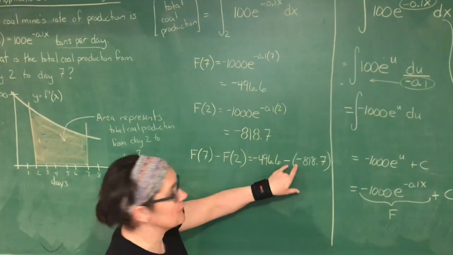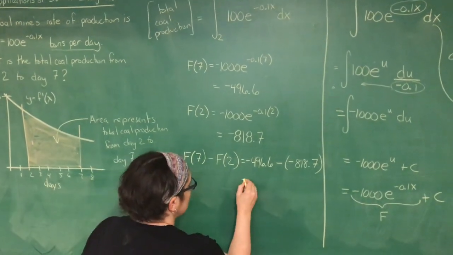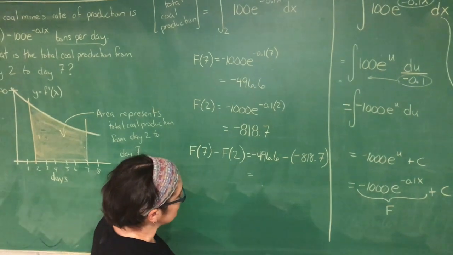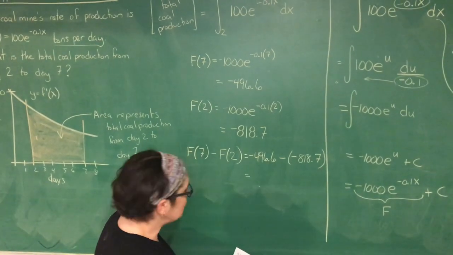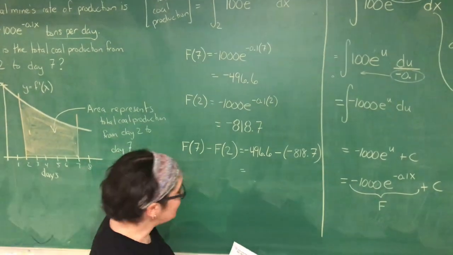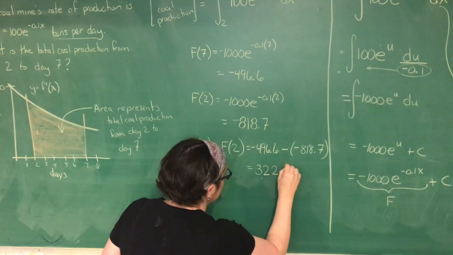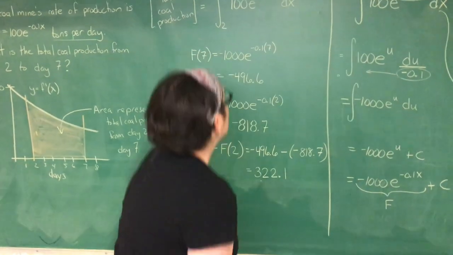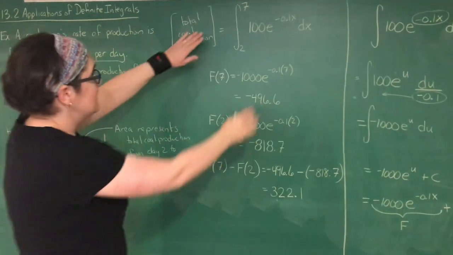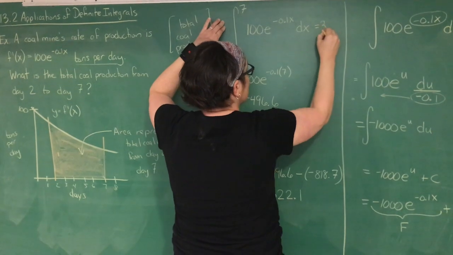You want to be careful here because we have a double negative, so this really becomes a plus sign. So now we have negative 496.6 minus a negative 818.7, and when I crunched that on my calculator ahead of time, I came up with 322.1.